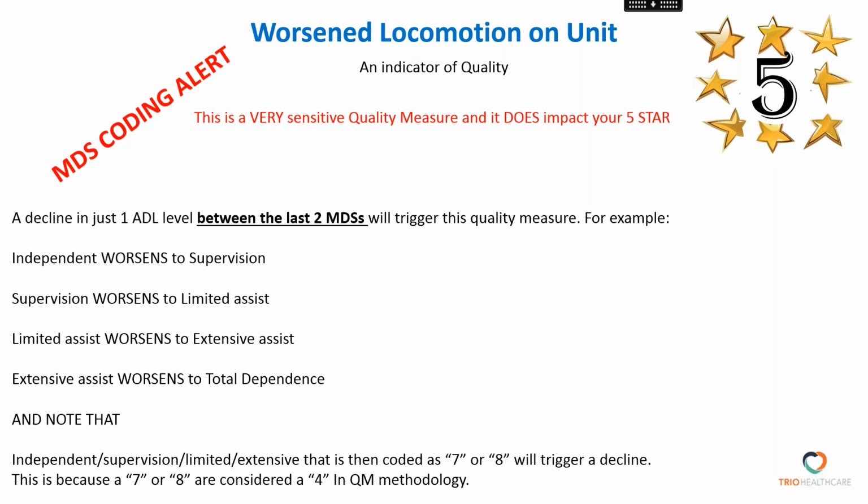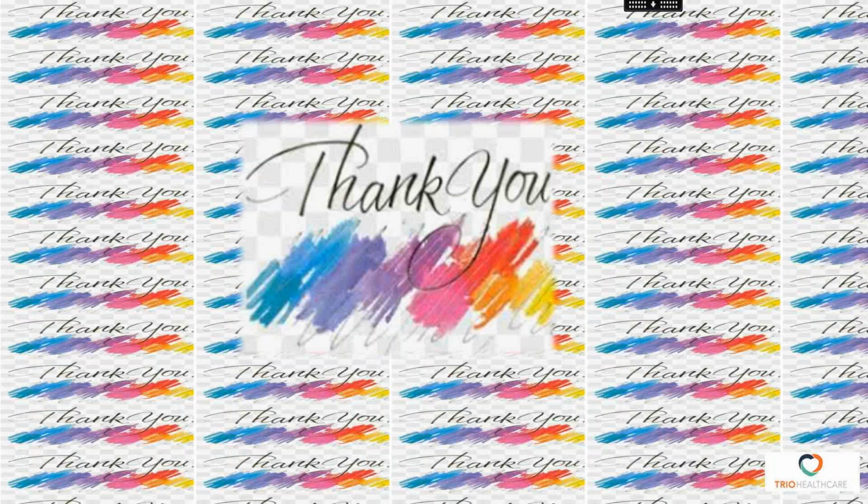And that's because a 7 or an 8 on an MDS is considered a 4 when we are doing QM methodology. So it's very important that first CNAs get this accurate on the day-to-day, and that MDS coordinators are choosing the ARDs that are getting this data reflective of the patient's status in a last 7-day look back, and understand when this is going to trigger your quality measures.